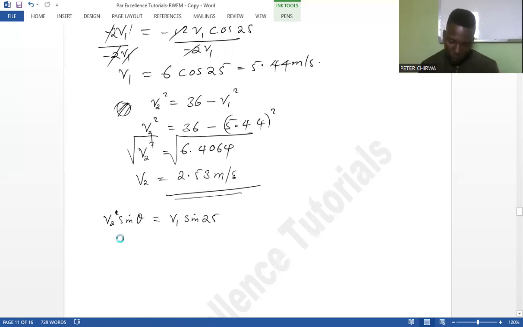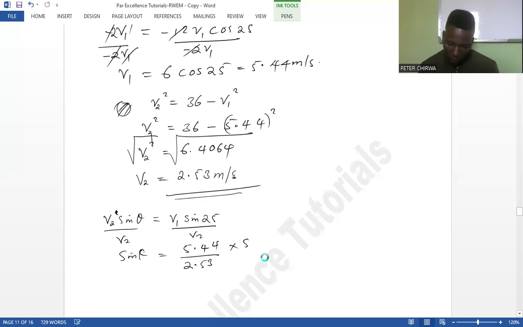So now v2 we have found, we can divide by v2 both sides, so that sine theta is equal to v1, which we found to be 5.44, over v2, which we found to be 2.53, times sine 25.